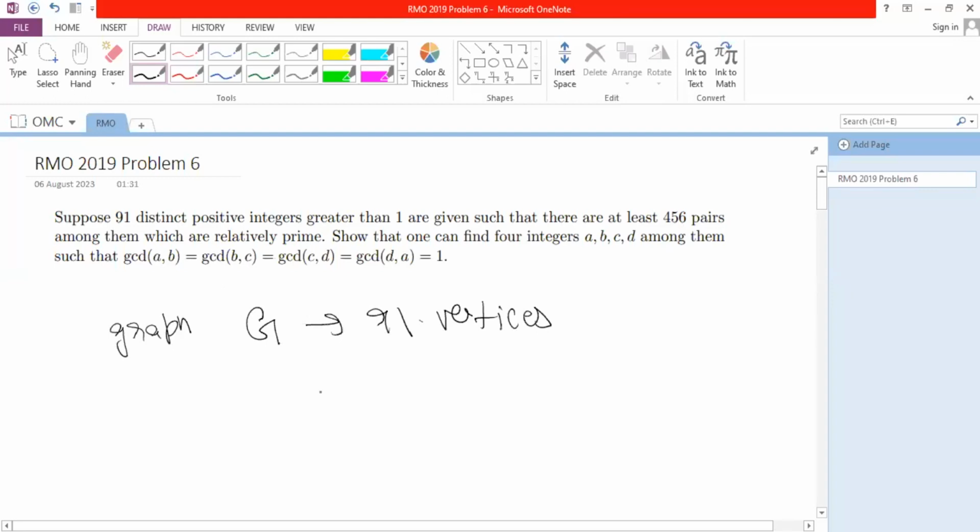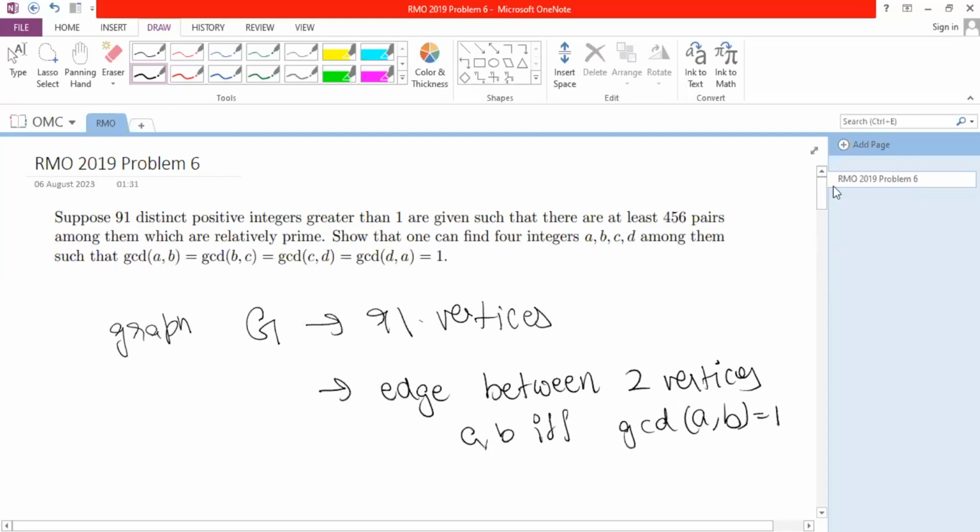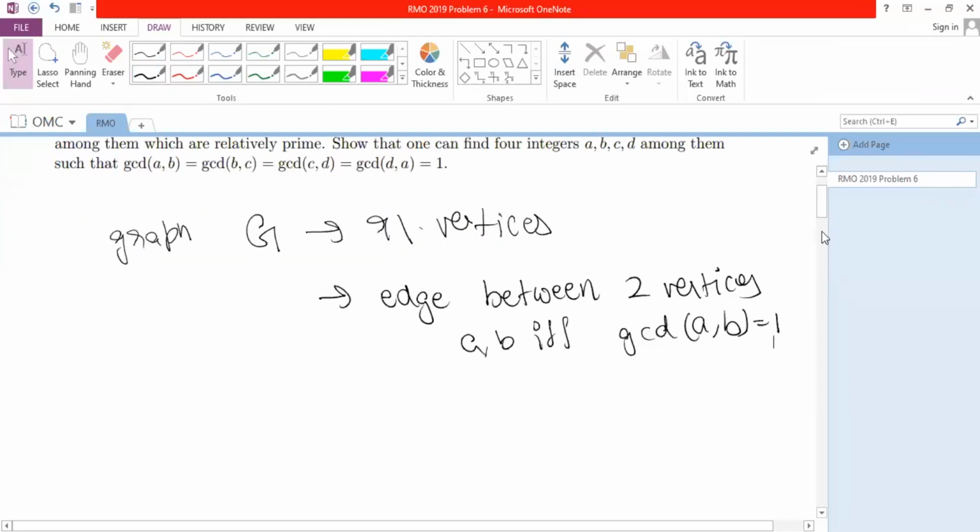And we have an edge between two vertices a, b if and only if GCD of a, b is equal to 1. Great. So we are constructing this graph, and what we know is that there are at least 456 edges in this graph.